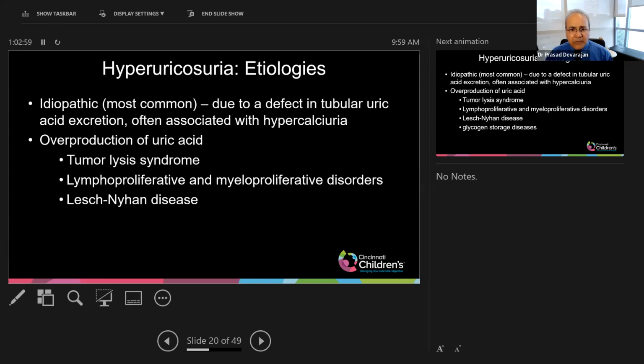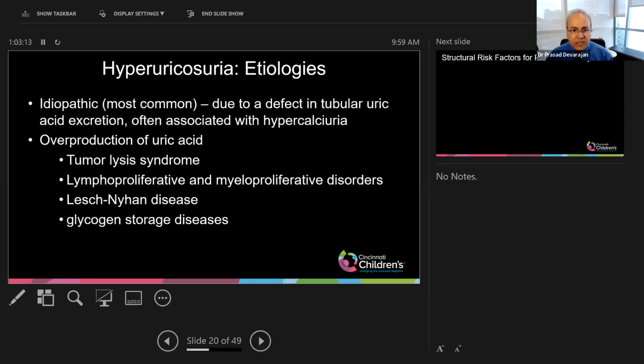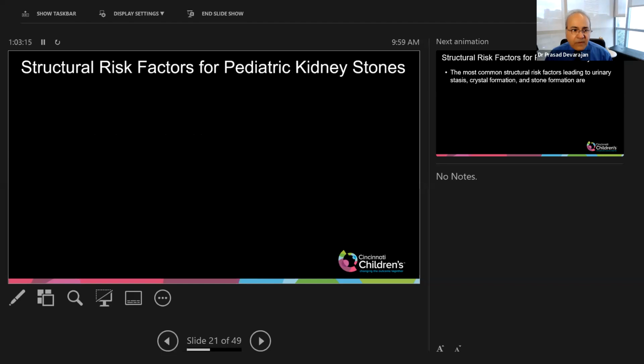But overall, hyperuricosuric kidney stones are not common at all in children, although they become more common in adults. And some rare glycogen storage disorders can also cause hyperuricosuria. So those are all the big metabolic problems: excessive calcium, low citrate, excessive oxalate, and in some cases, excessive uric acid.